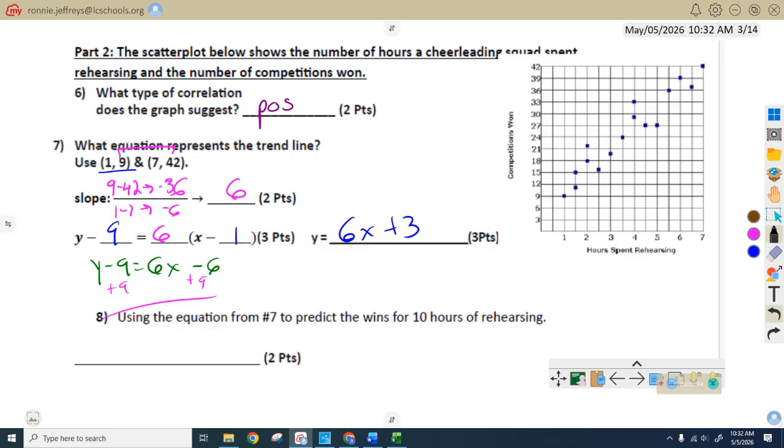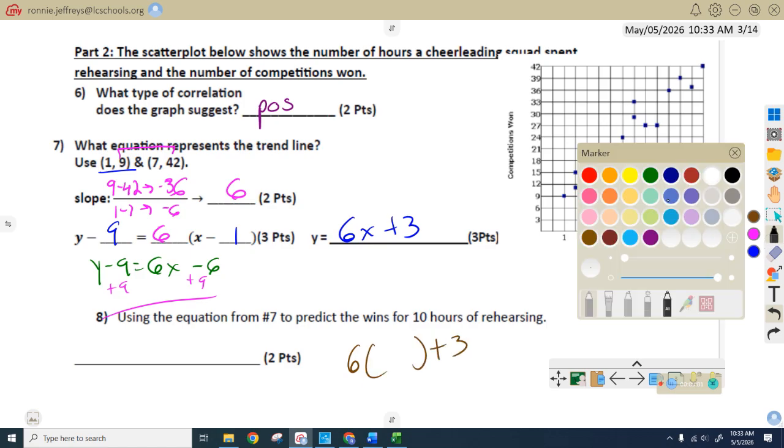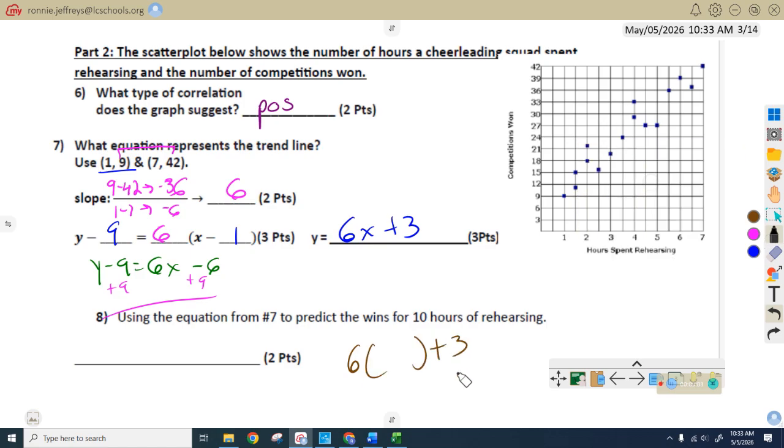Okay? And then number 8 says use an equation from number 7, so going to put in 10. So this would actually be 63.